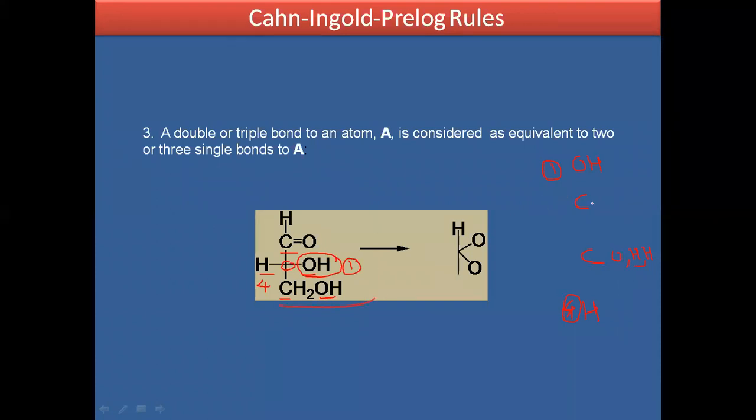Whereas here a double bond is present. A double bond indicates a duplicated atom. Which type of double bond? C double bond O, indicating this type of substitution happens on this carbon atom. The double bonded carbon atom is treated as if it were C with a single bond to OH, the duplicated atom being treated as a similar atom.